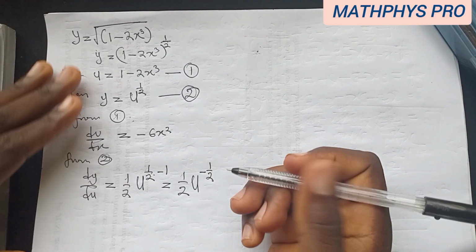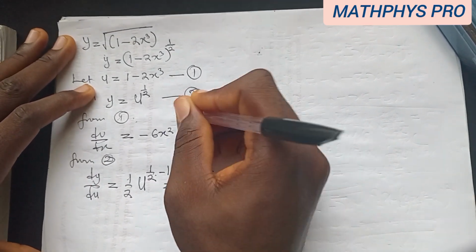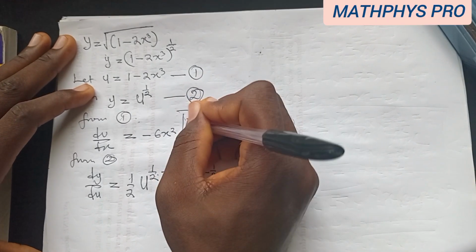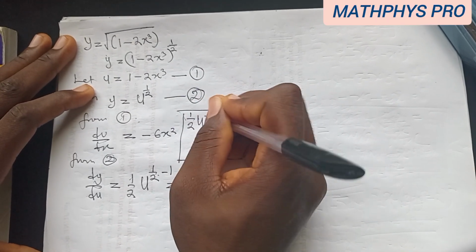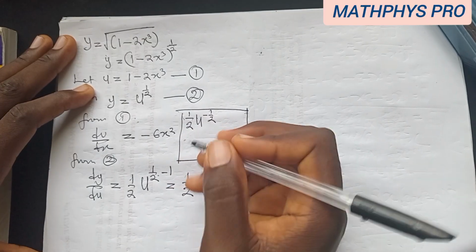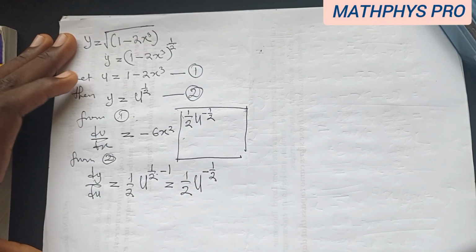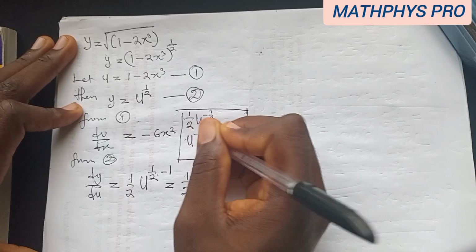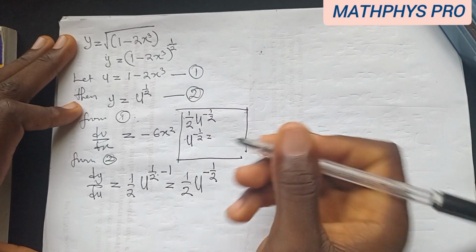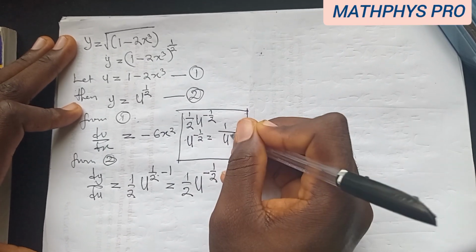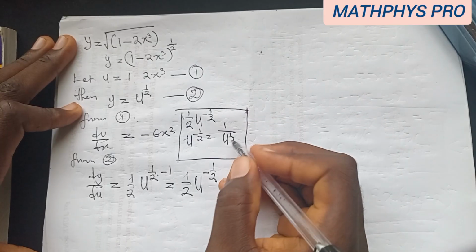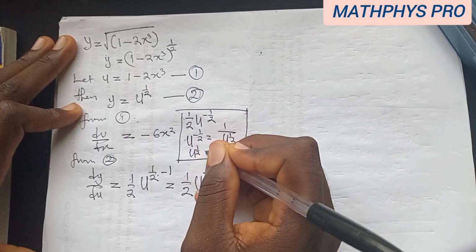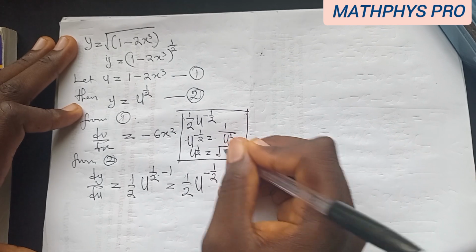Now let me show you little tricks in indices. We can simplify this 1 over 2 u raised to power minus 1 over 2 further. Remember, according to the negative fractional law of indices, u raised to power minus 1 over 2 can also be written as 1 over u raised to power 1 over 2. And u raised to power 1 over 2 is equal to root u.